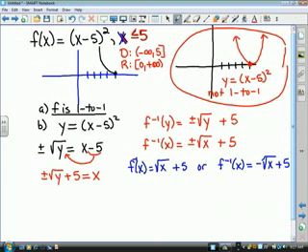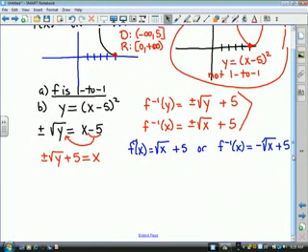Zero to infinity, right? Because there's the lowest on the y, and it's going up. So guess what happens when I go down to the inverse function? It switches. The range becomes the domain.